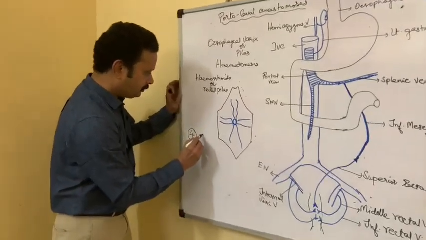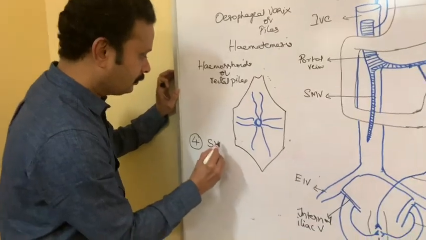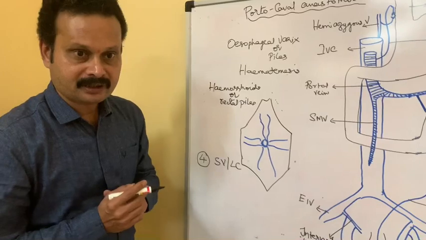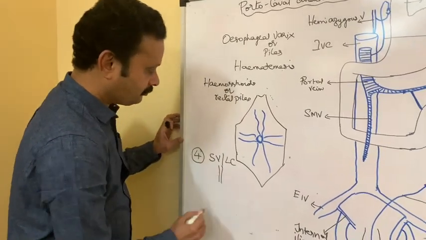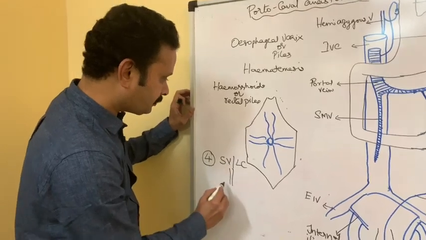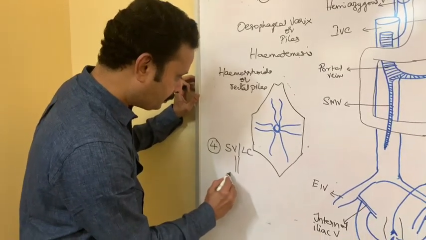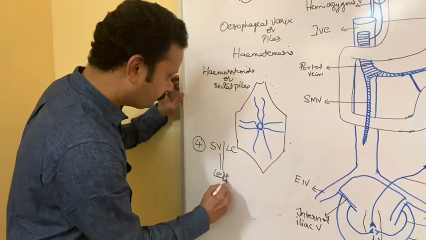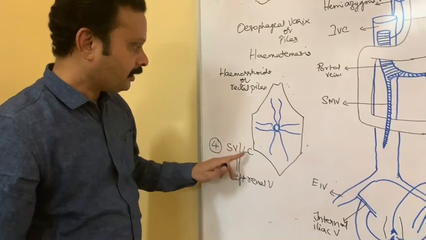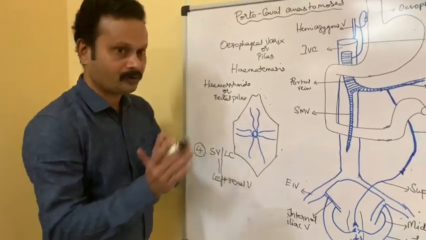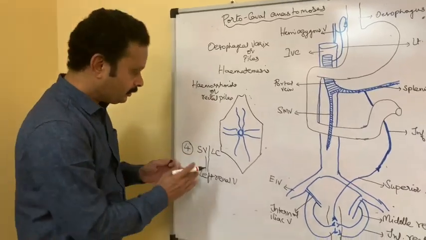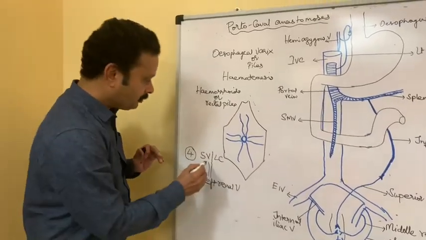The splenic vein and left colic vein belonging to the portal system anastomose with the left renal vein, which belongs to the caval system, by veins.